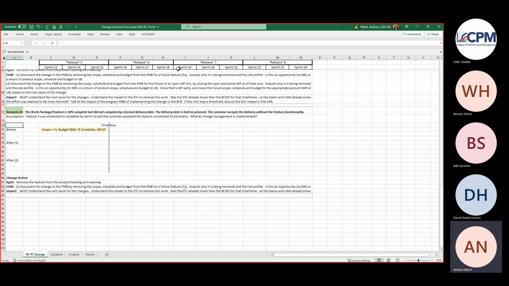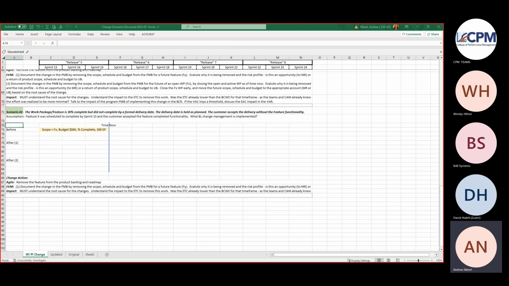And I think it really depends. We found last time in our discussion, you must always impact the root cause of the changes. And as we're talking here, I want to go back to the scenario. I think we could split this scenario into multiple things.